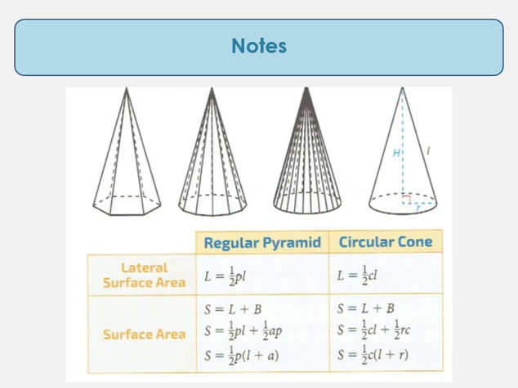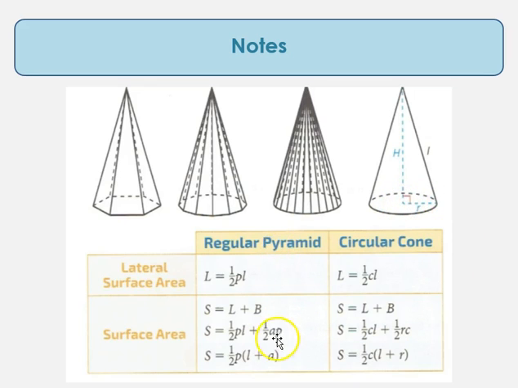So as the number of sides of the base of a regular pyramid increases, the pyramid approaches the shape of a cone. The base's perimeter approaches the circumference of a circle. So we've shown this before with polygons and circles. The pyramid's apothem approaches the radius of a circle. So what was originally an apothem now becomes the radius of a circle.